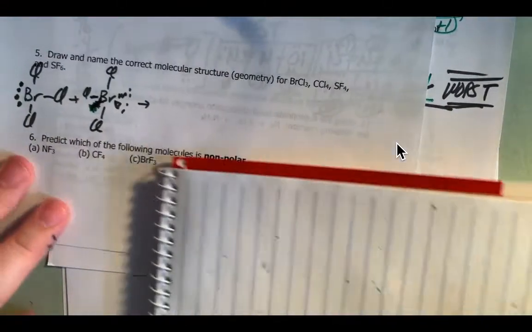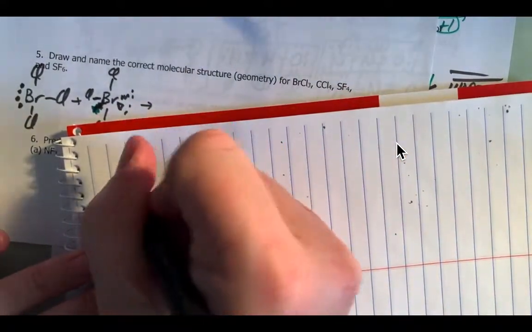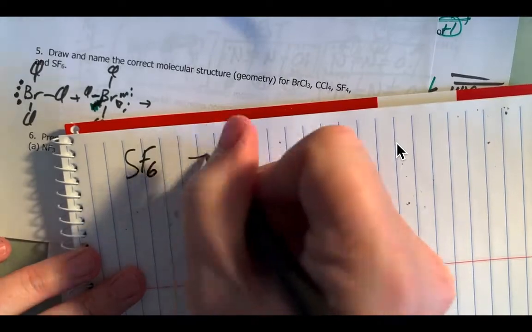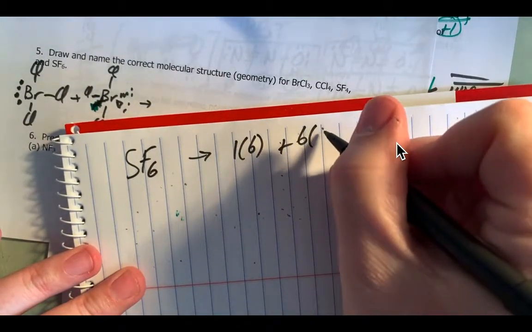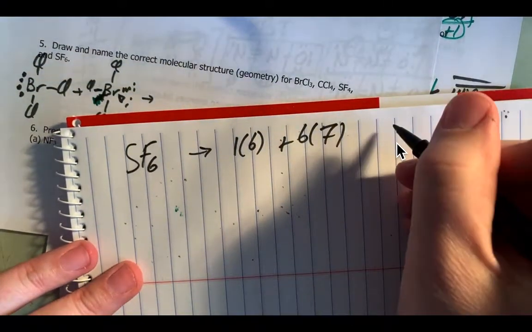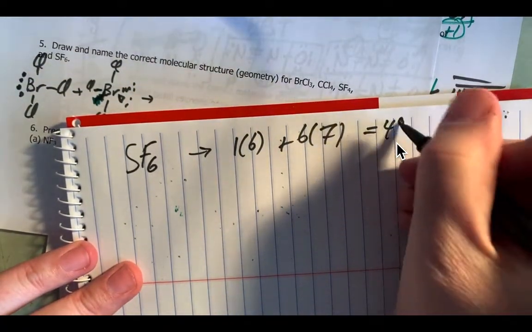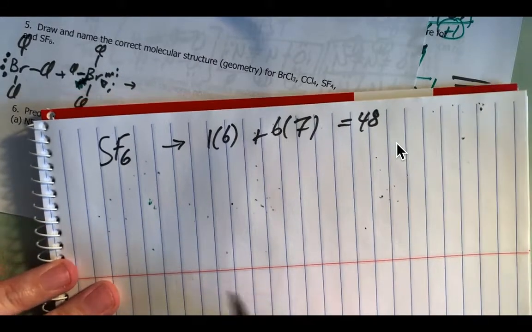All right, last one of this set, SF6. So 1 sulfur plus 6 fluorines. Now our numbers are getting big, 48 total electrons to assign.